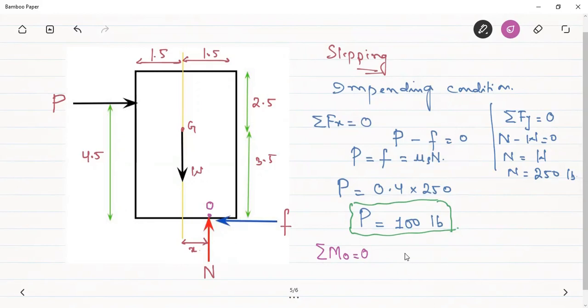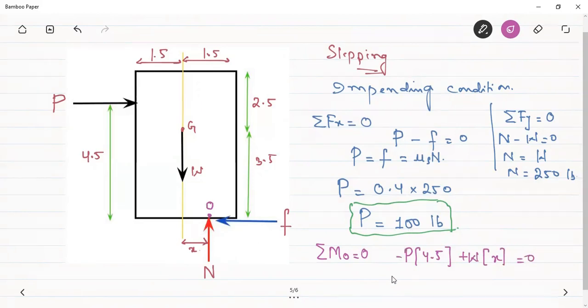P into 4.5 will create a moment about O in the clockwise direction. The weight will create a moment in the anti-clockwise direction, whose force arm is equal to x. So this has to be equal to 0.